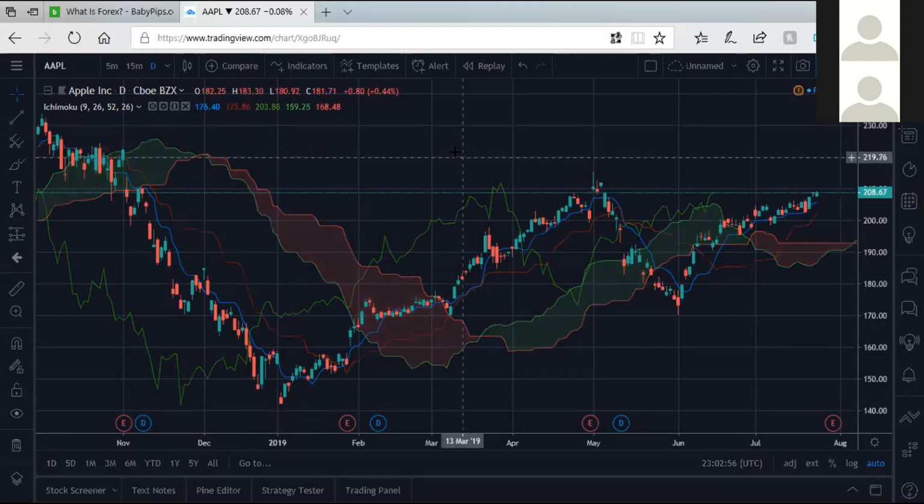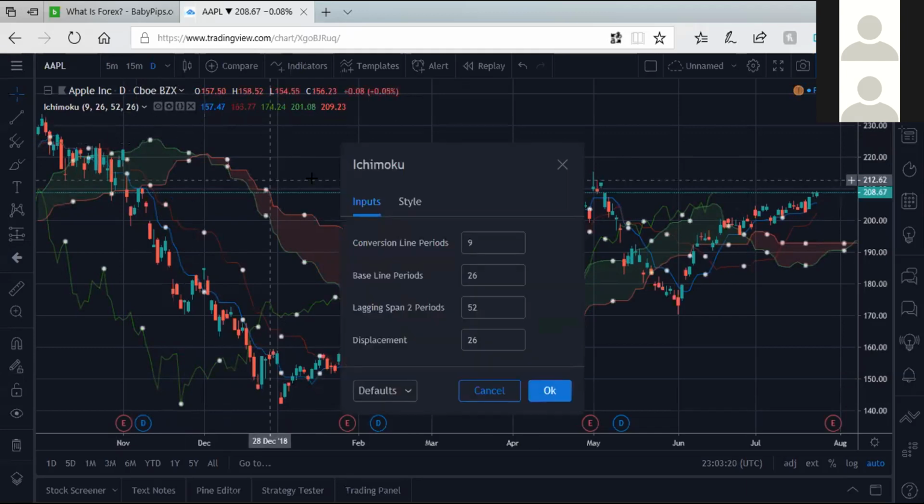All right, now click the settings cog. That is one icon over from the X. All right, there it goes. So those settings are correct. Now, for style, that's how you change this to alter the cloud.